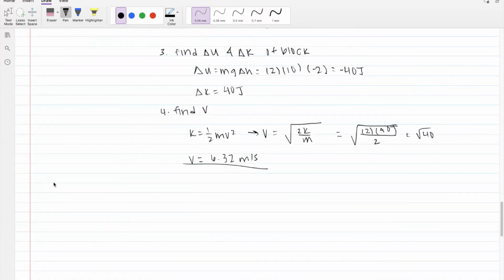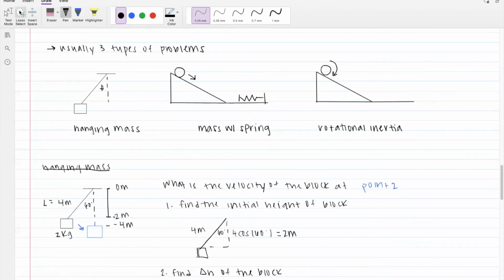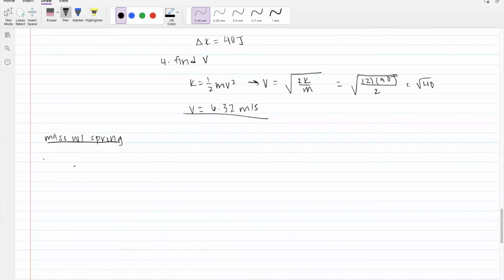Now let's look at a mass with a spring. Let's copy this down over here. Let's say that the initial velocity of the ball is equal to 0. This is a 2 kilogram mass ball.